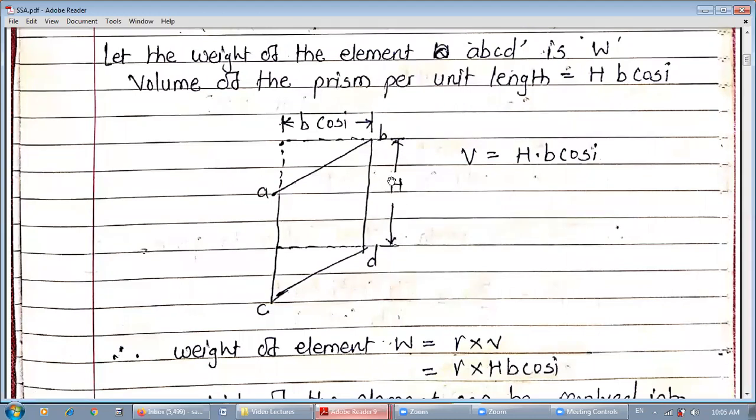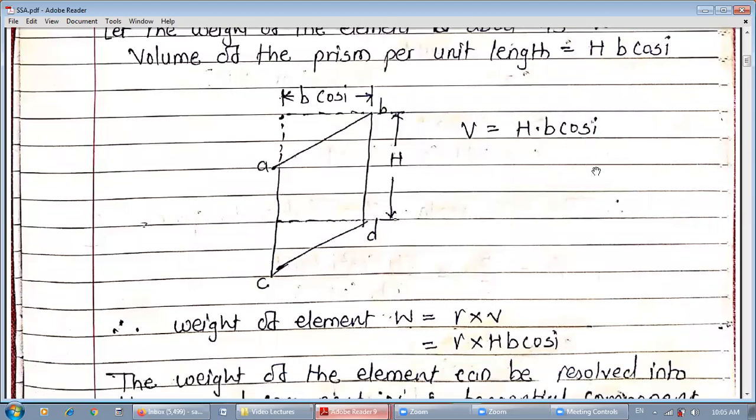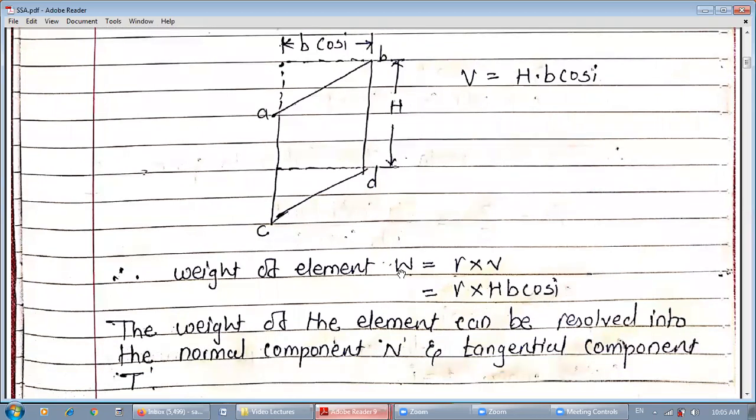So H is the height of this failure mass, and the horizontal length is B cos I, so we can get the area H into B cos I into unit width, so that the volume V is HB cos I into 1. So volume is HB cos I. So weight of the element W is equal to gamma into V. So we got weight gamma into HB cos I.